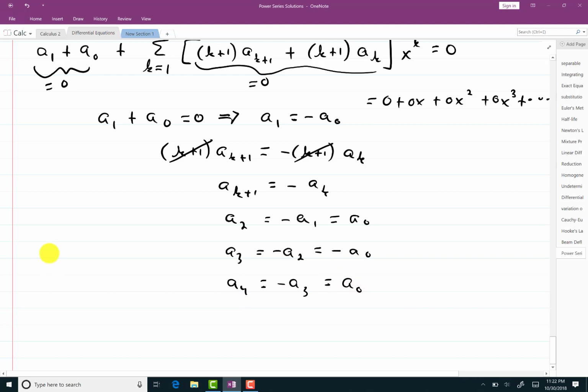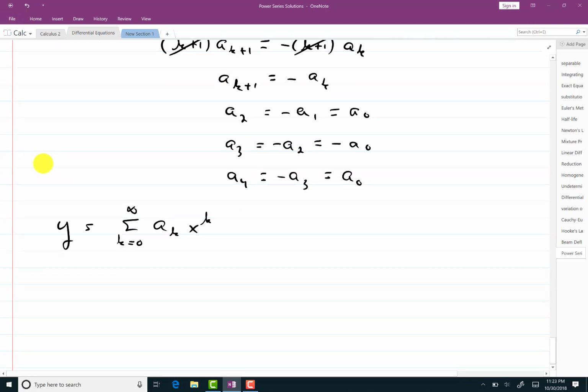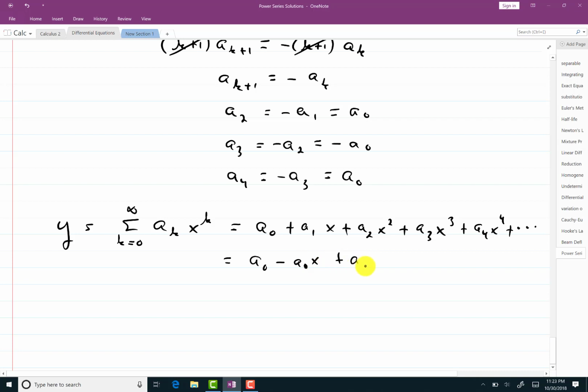You can see the game that's being played here then. Our y, which equals summation k equals 0 to infinity, a sub k, x to the k. That, of course, is a0 plus a1x plus a2x squared plus a3x cubed, a4x to the fourth. Well, that's nothing more than a0 minus a0x plus a0x squared minus a0x cubed.